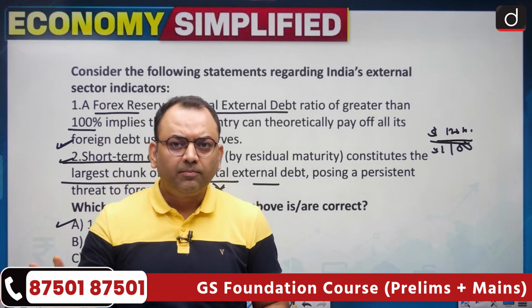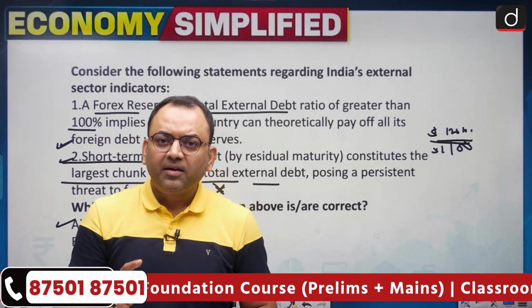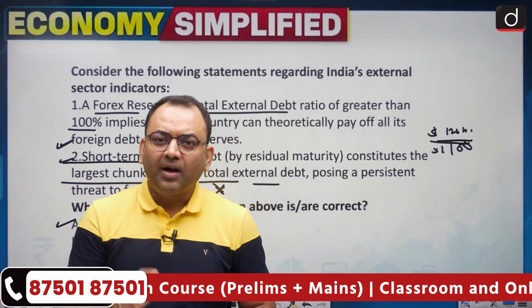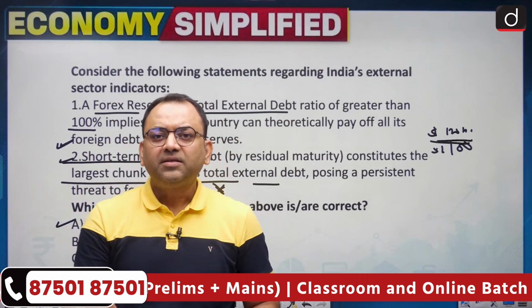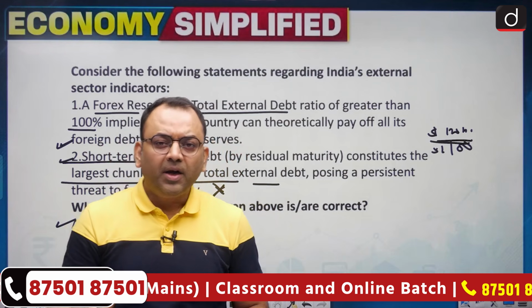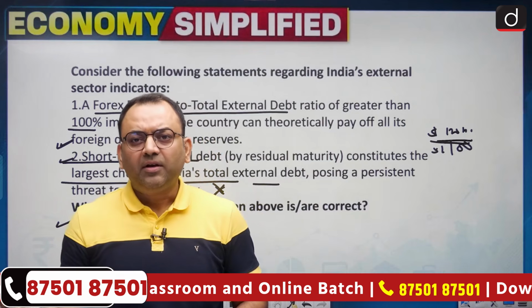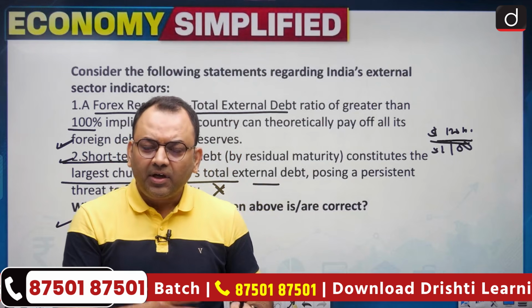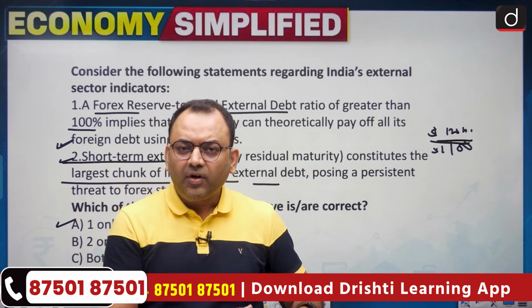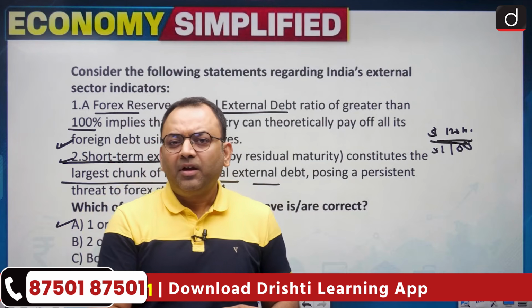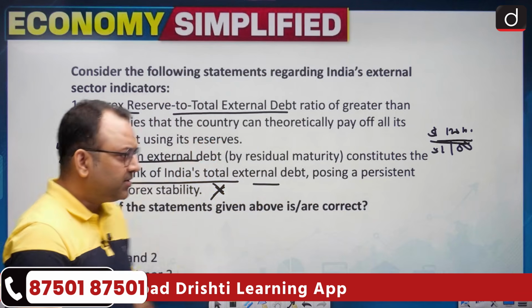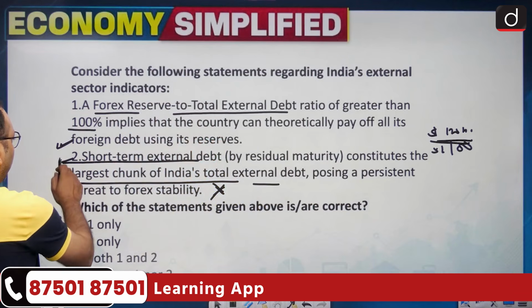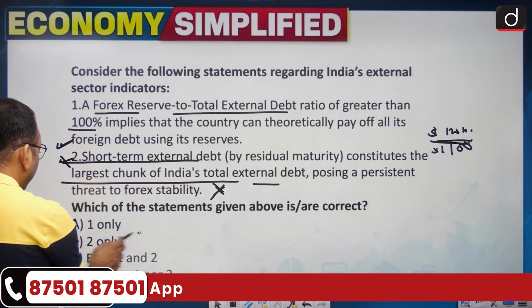So our debt is more than the forex, but the risk is not imminent because a large part of the debt is long-term debt, to be paid after the 1 year tenure, and only 18% is the debt which is to be paid every year. That is why even if the forex is less than the debt, we are able to manage the debts easily. So this statement is incorrect. Answer is A only.